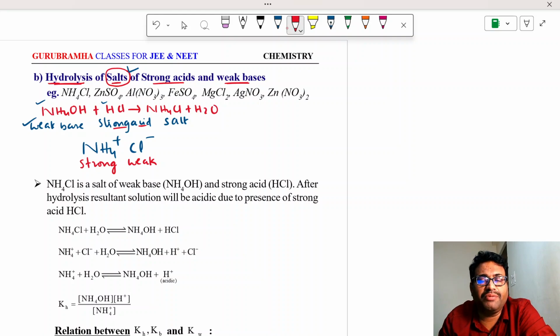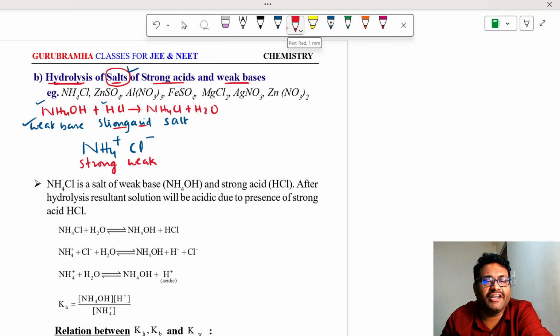So you need to remember it this way: NH4+ is from NH4OH, and NH4OH is a weak base, so that part will be strong. The part of the salt which is strong will react with water. Are you getting this?